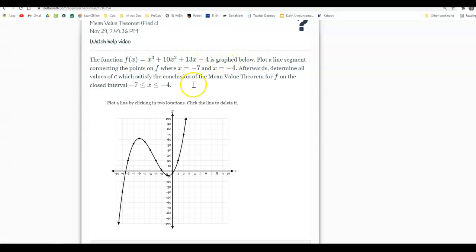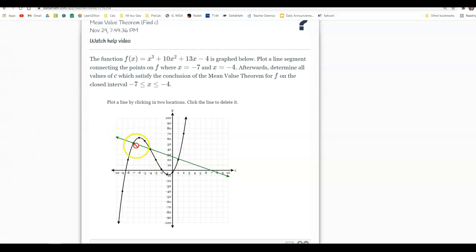The only difference here is what they want you to do first is you have the function f of x, and then you want to plot a line segment that connects the x values of the domain. So we're going to go from -7 to -4. So what we want to do is click on that, and then click it once, and then click again, and you'll go to -4.